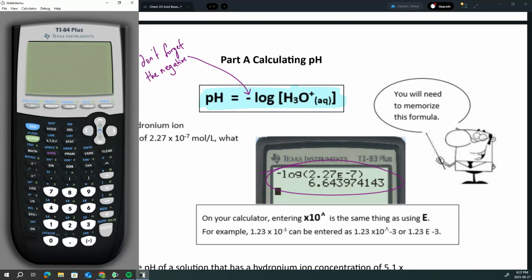What you would do is go negative and then log, and then the concentration of hydronium, so 2.27. And then to get the times 10 part, you would go second function log, and then negative 7. Then I'm just going to click the right arrow to get out of here, close the bracket, hit enter, and that's how you would do it.